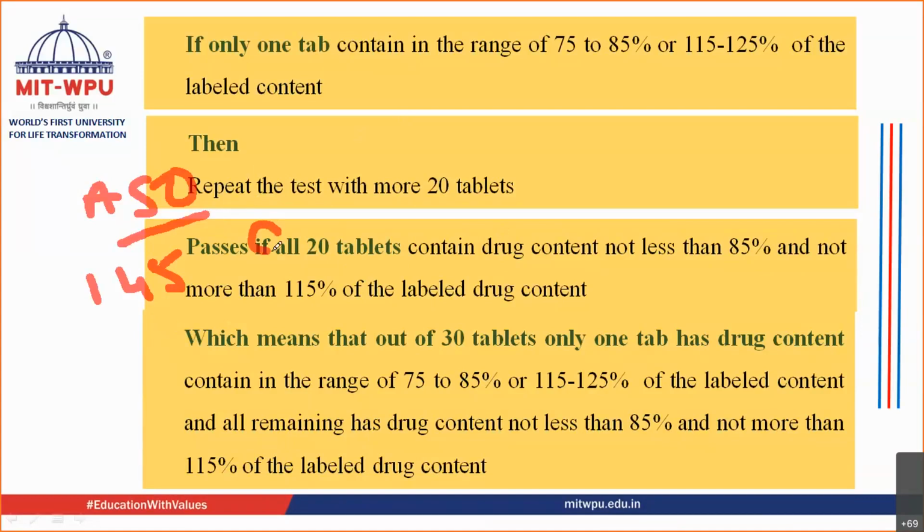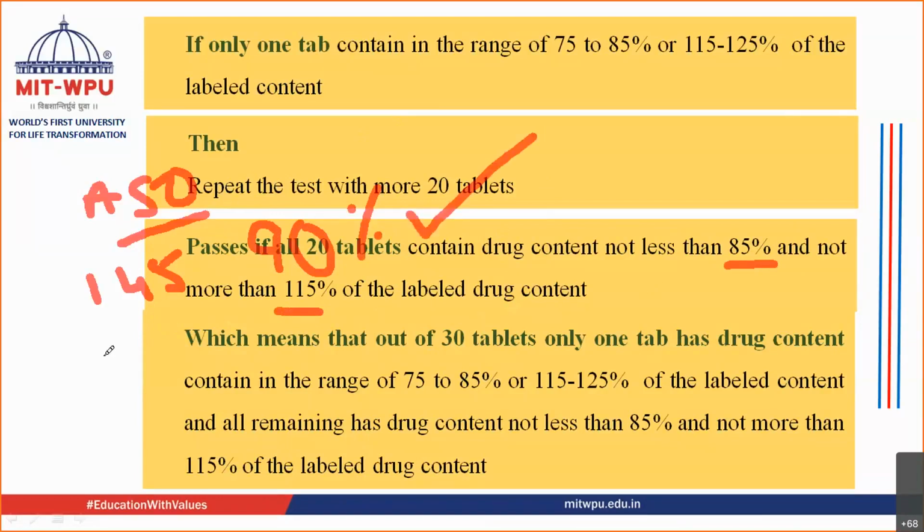It will be 90%. If you do the calculation, it is going to be 90%. So the active ingredient that is present is 90%. Clear? So it is in between 85 to 115. So I say the tablet passes.